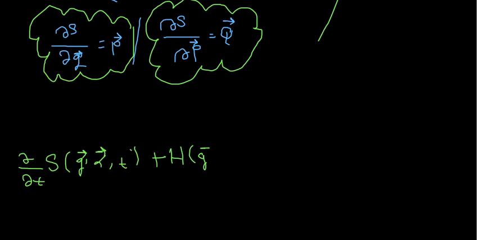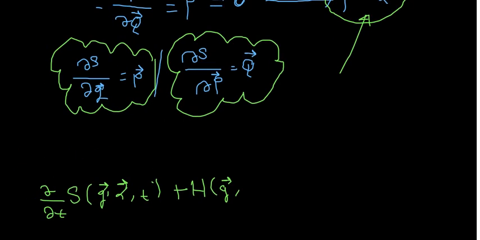But I'm not going to write p small, I'm going to write its substitution from here. Instead of the vector p small, I'll write partial S, partial q, the vector q, and t, and that all equals 0. And that's the form of the Hamilton-Jacobi equation we want to work with.